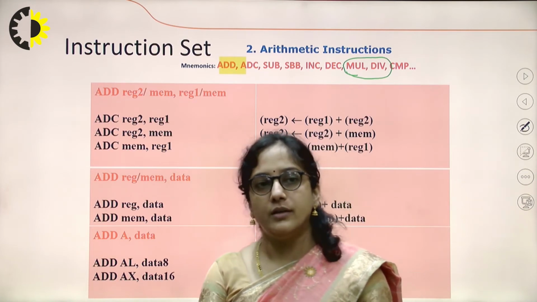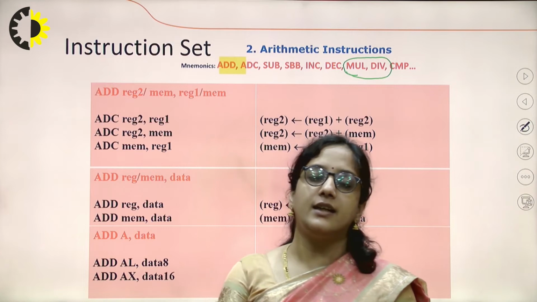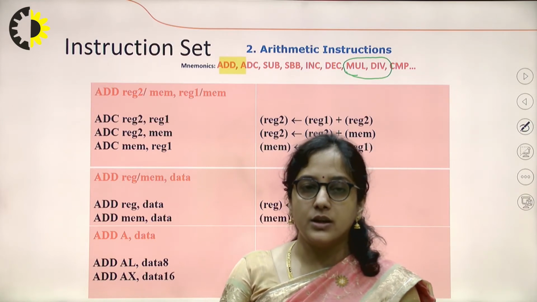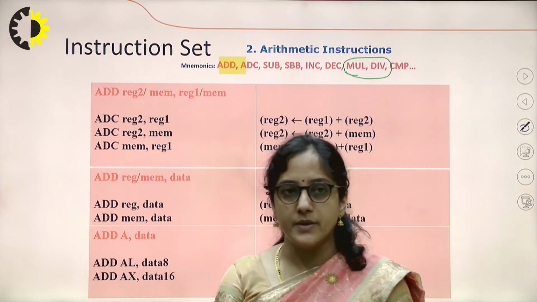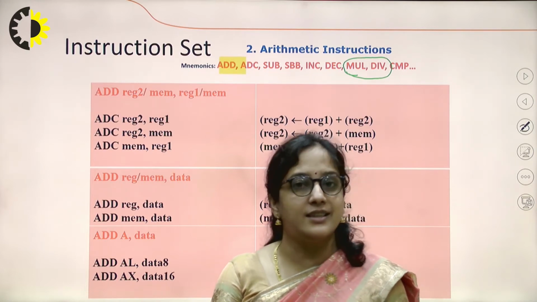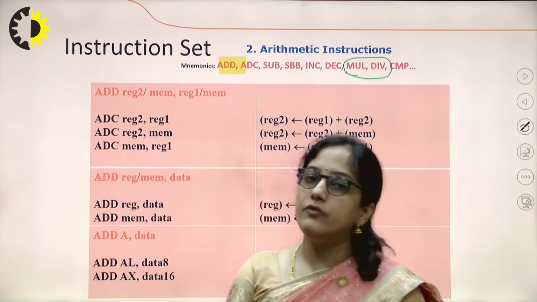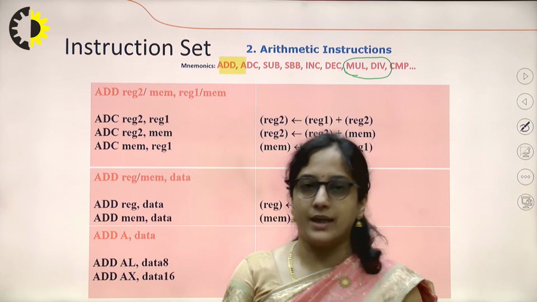Also, here we can have an addition with the accumulator or with another general purpose register, meaning we can change the destination. In case of 8085, one of the operands must be in the accumulator.